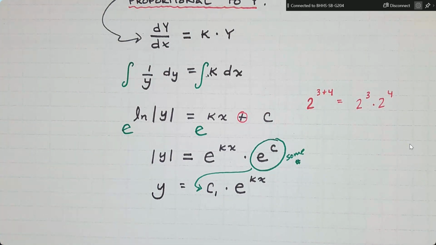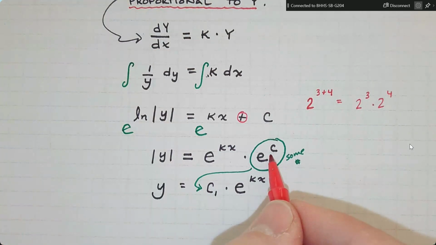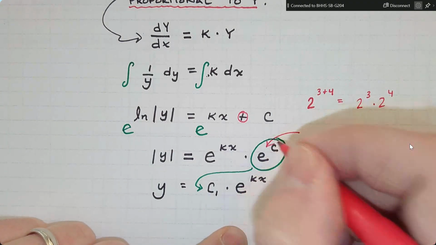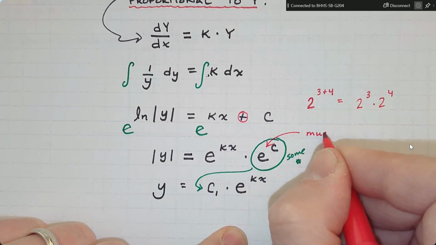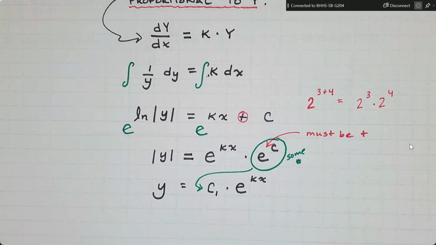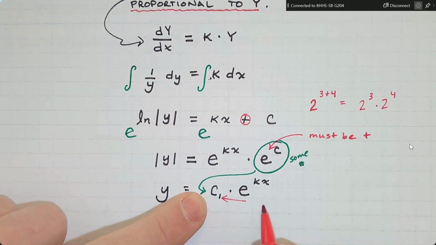Now there's a good reason for this. There's one important difference between e to the c and c1, and that's this. e to the c must be positive, right? e to any power is a positive number. It cannot be negative, impossible. But on the other side, c1 could be negative.